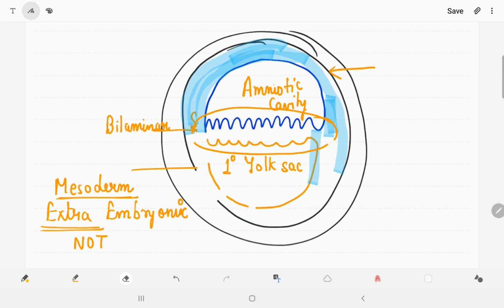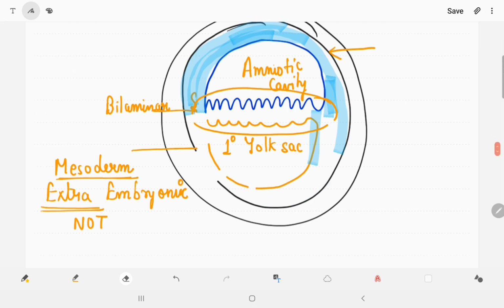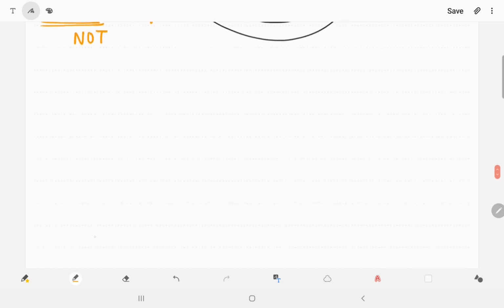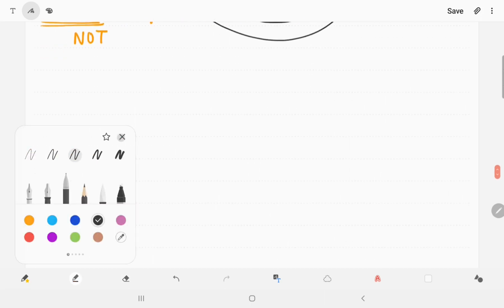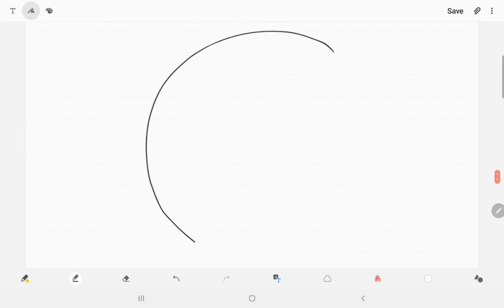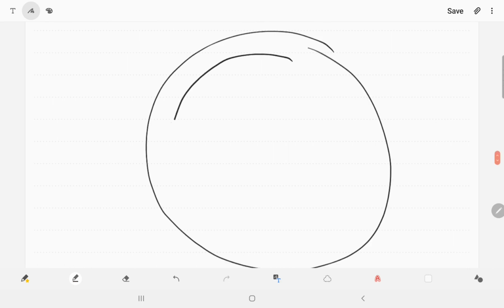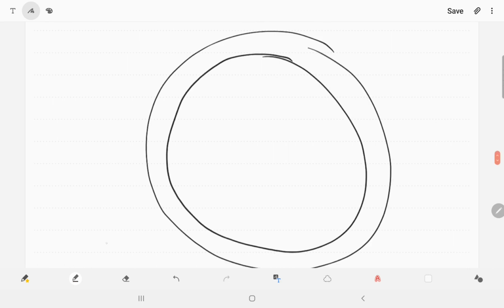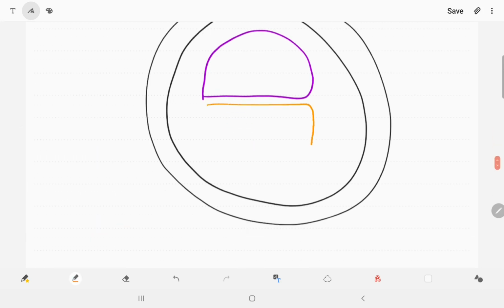So if I draw it again, for you, I had the mesoderm all around, right?